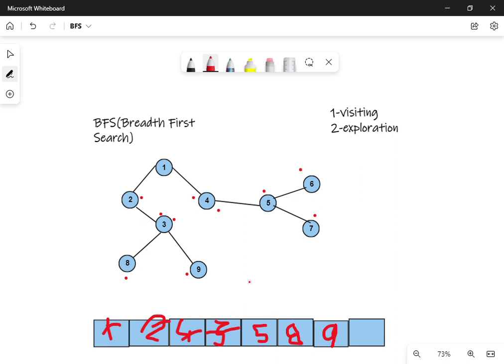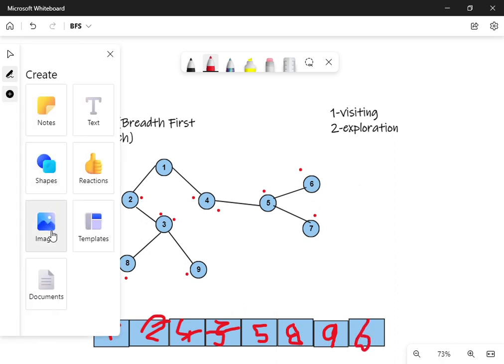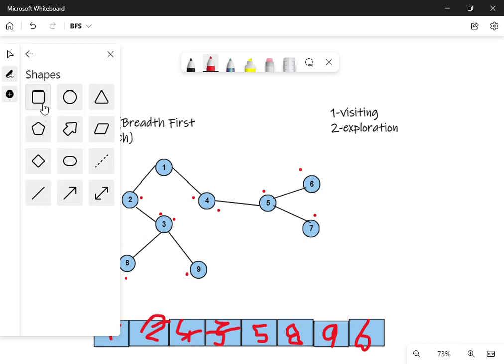So 3 is completely explored now. So our next vertex is 5. The adjacent vertices of 5 are 6 and 7. Let me make a new box.